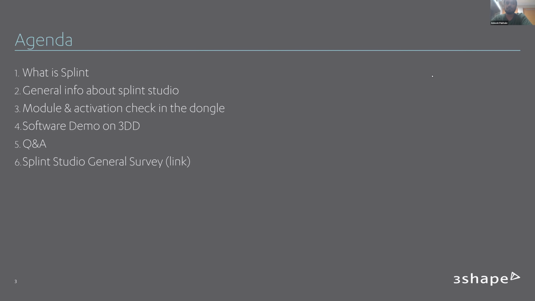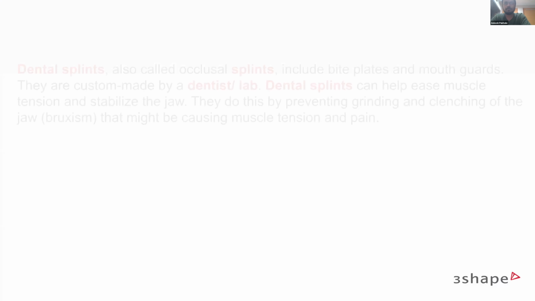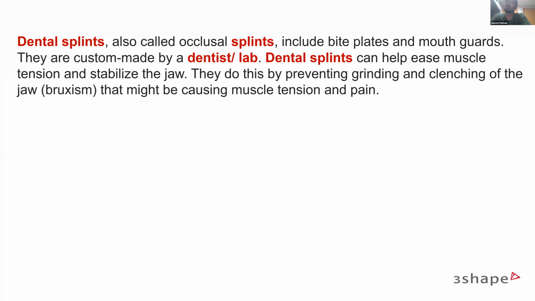So what are splints? Dental splints are also called occlusal splints, including bite plates and mouth guards. Mouth guards also come under dental splints. They are custom made by a dentist or lab. Dental splints can help ease muscle tension and stabilize the jaw.